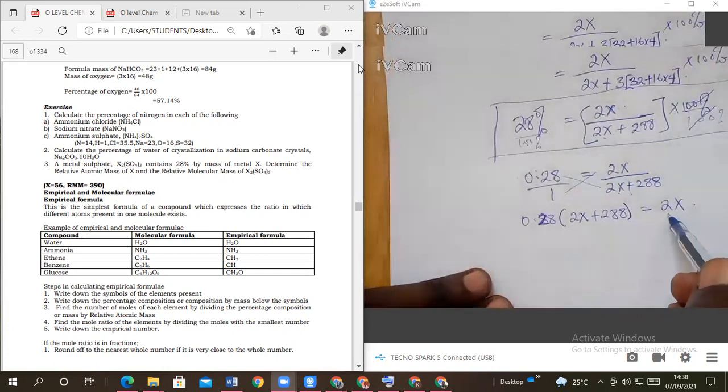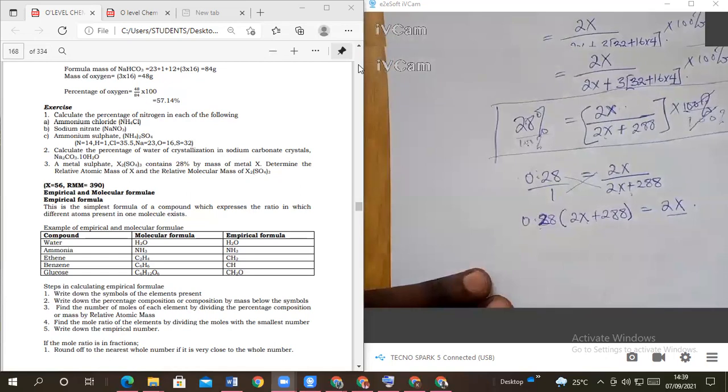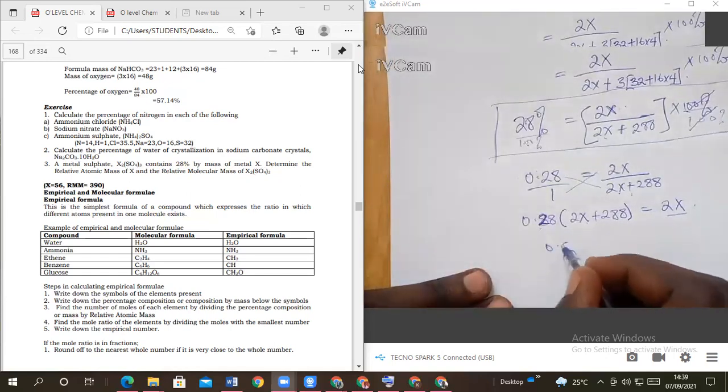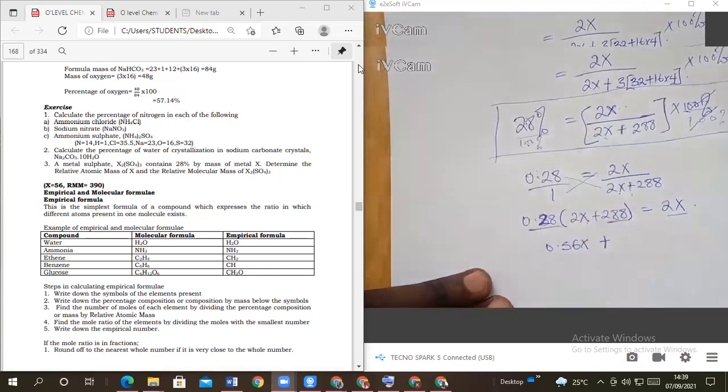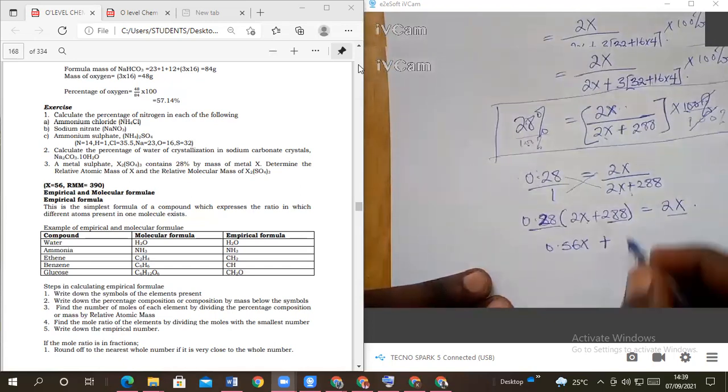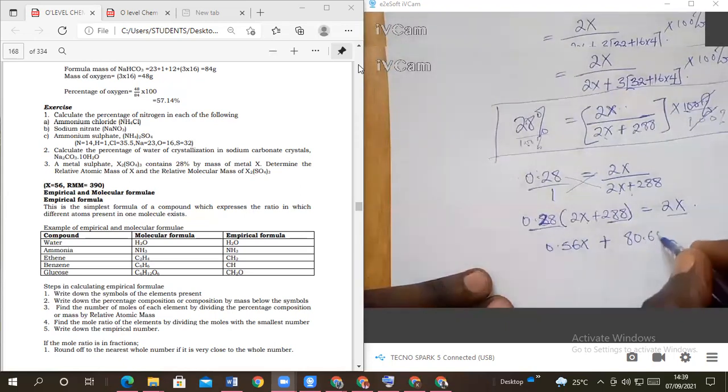We want the x's together. We open the brackets. 0.28 times 2, what do you get? 0.56x plus 0.28 times this one, what do you get? 80.64. Yes? 80.64, which is the same as 2x.